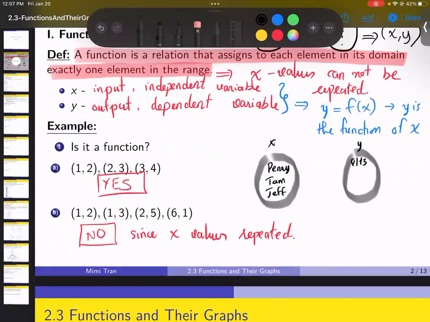Just make things up, okay? Is it a function? Yes, right. Every X is one Y. They all have different birthdays, so it is a function.